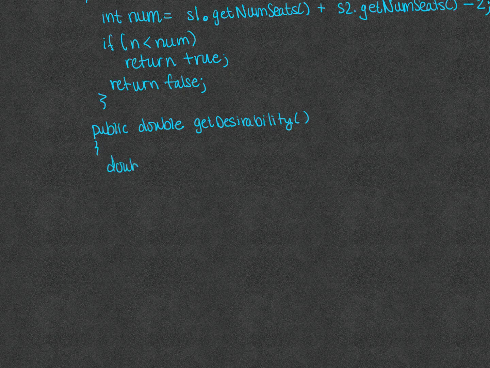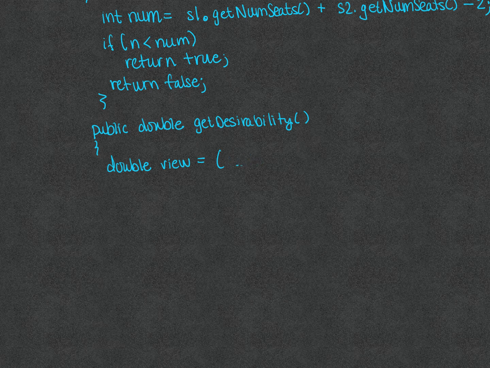So double, and I'm going to call that just view, which is kind of our score for that. So I'm going to say table1 dot get view quality. We just called it T1, not table 1.